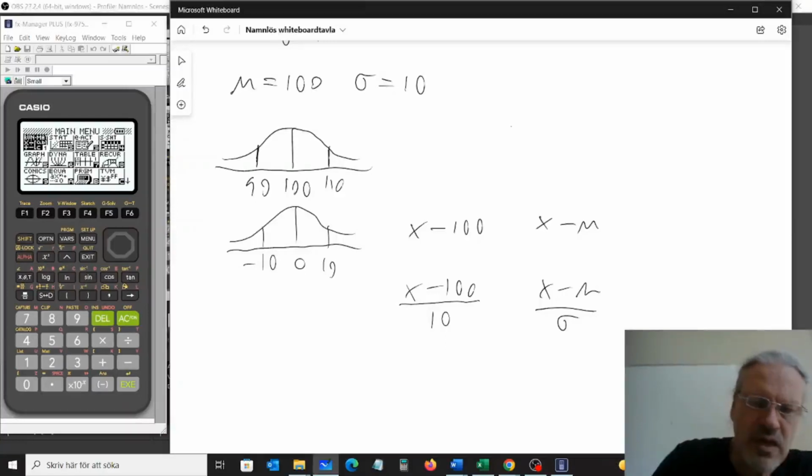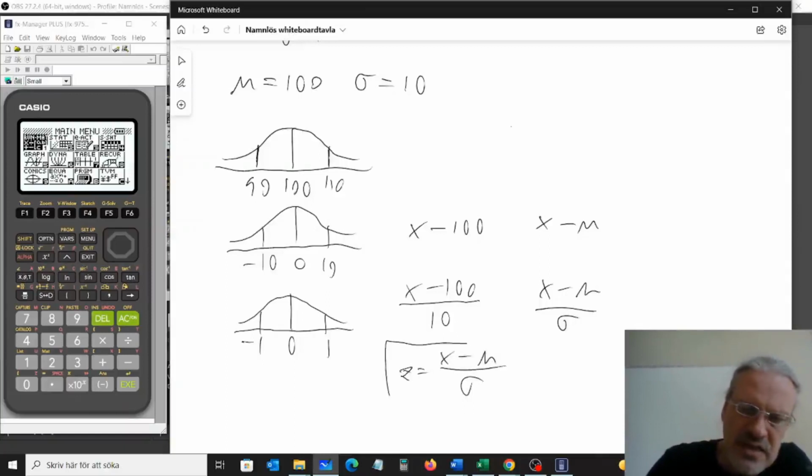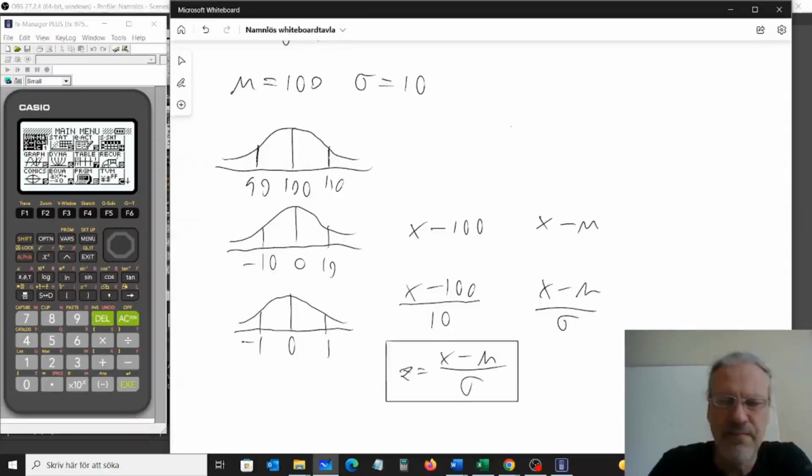The same thing goes with the negative side. It will turn that to -1. So now the graph will look something like this, right? 0, 1, and -1. We have turned our normal distribution to the standard normal distribution, and we usually write Z for this. Z equals x minus mu divided by sigma. So that is the way to turn one to the other.